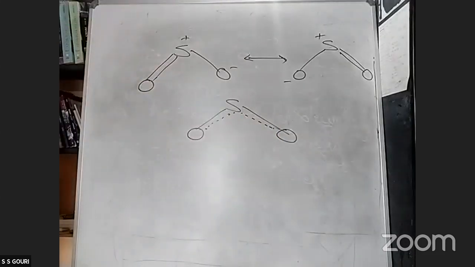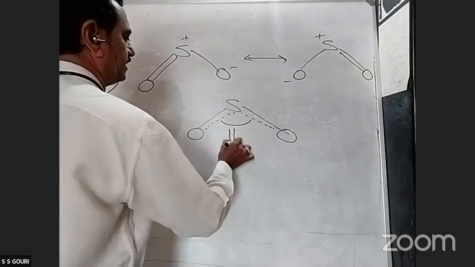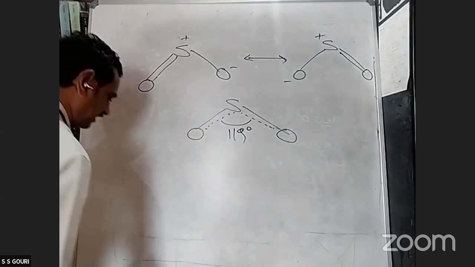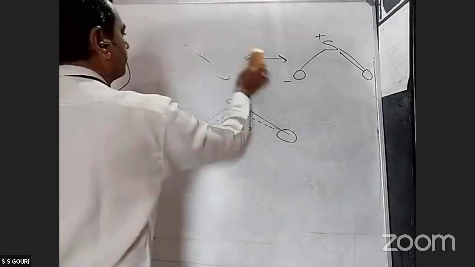SO2 has a bent chain structure with a bond angle of 119 degree, just like ozone.